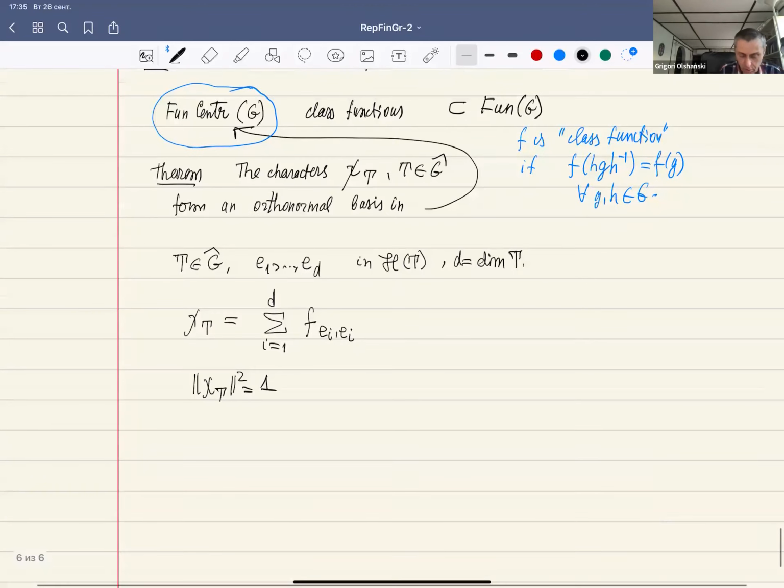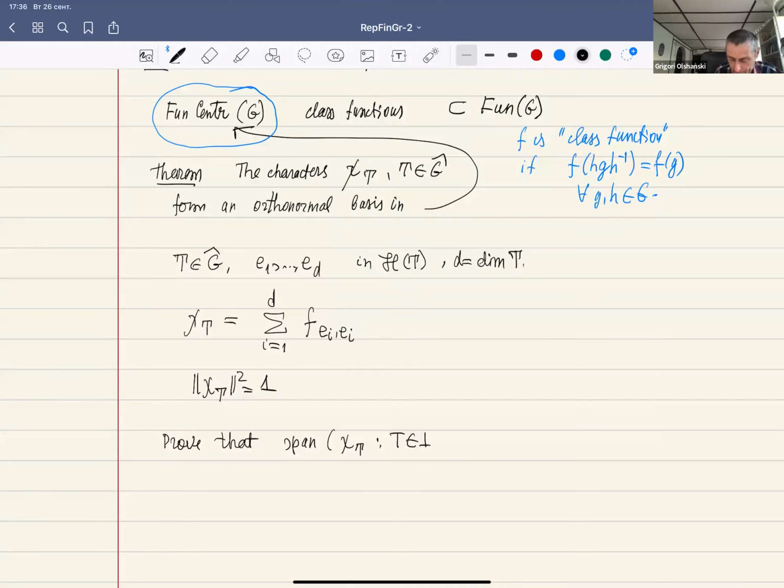So prove that the linear span of the characters is the whole space of central functions.